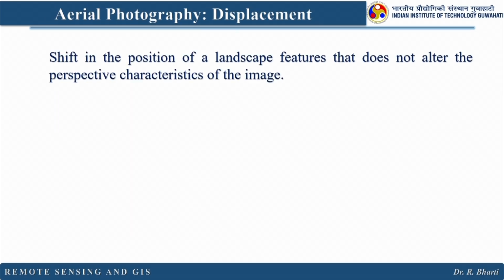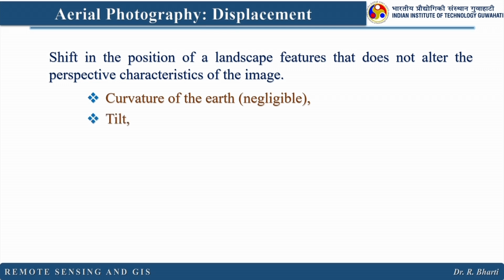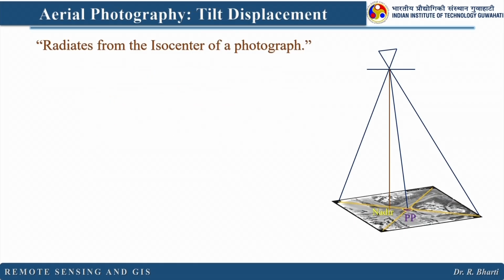Then displacement is the shift in the position of a landscape feature that does not alter the perspective characteristic of the image. So, here again, curvature of the earth is negligible, tilt and topographic relief. So, tilt displacement radiates from the isocenter of a photograph. So, here this is the isocenter.